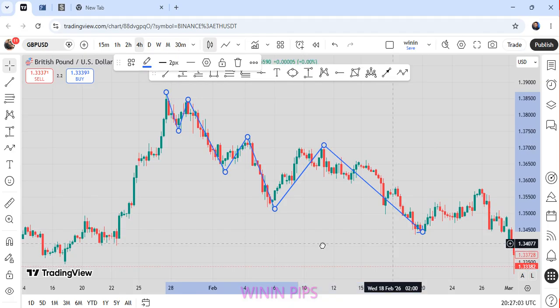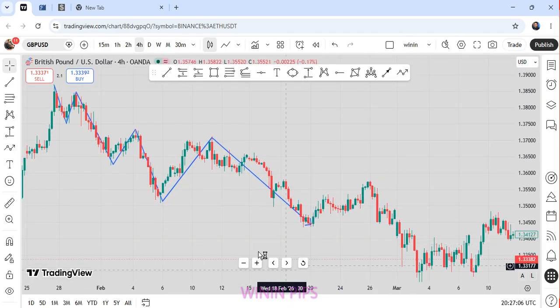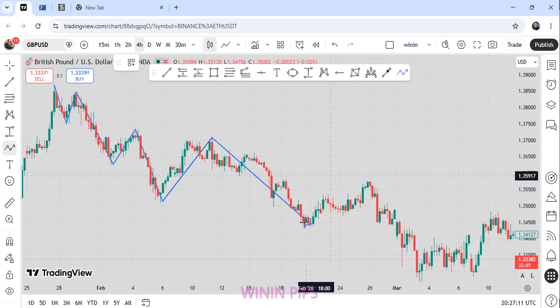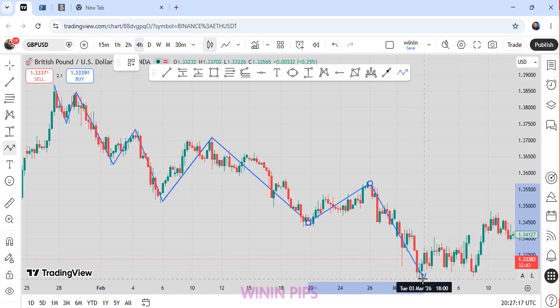You get it? So the market retraces again from this point to that point, and it moves back downwards. Then it comes up here.